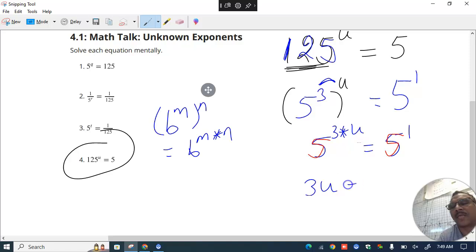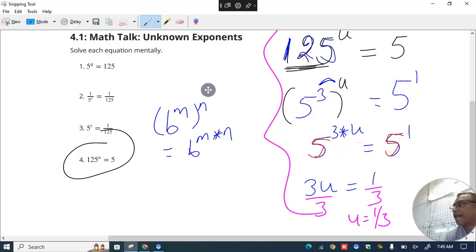So 3u has to be equal to 1. And then you divide by 3 and you get u is 1/3. So this is one way to do it. Mario? Sai, did you see? So that's one of the strategies we can use.